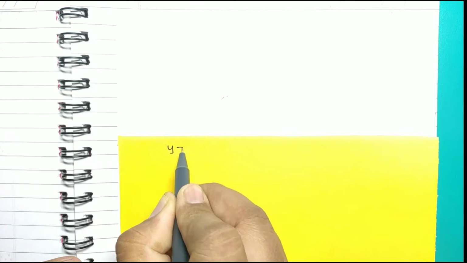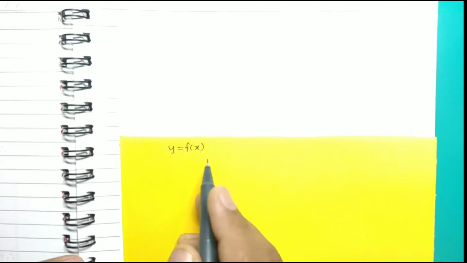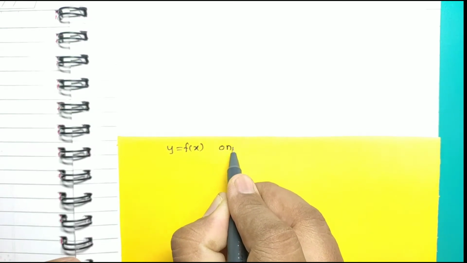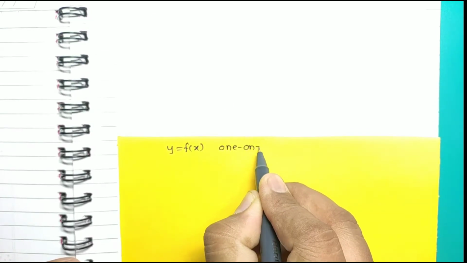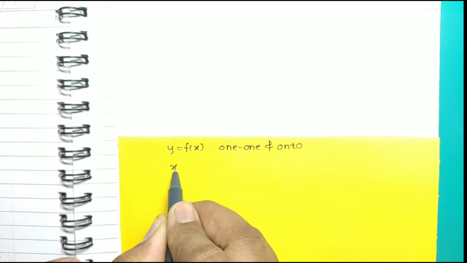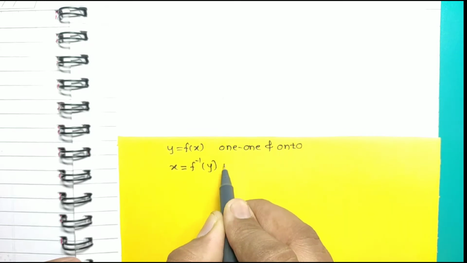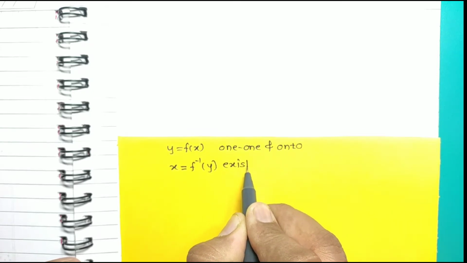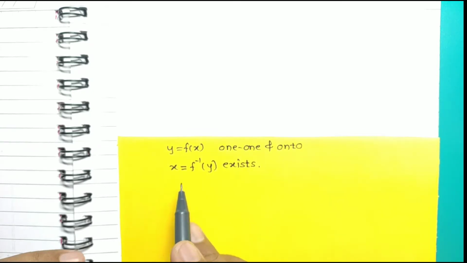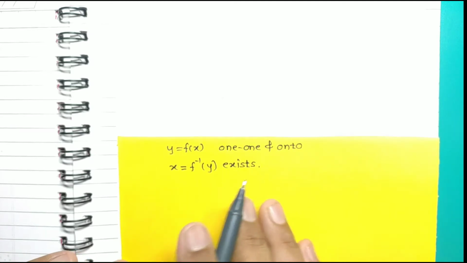We know that if the function y is equal to f of x is 1-1 and onto, then its inverse x is equal to f inverse of y exists. For this concept of inverse function, you can find the link in the description.